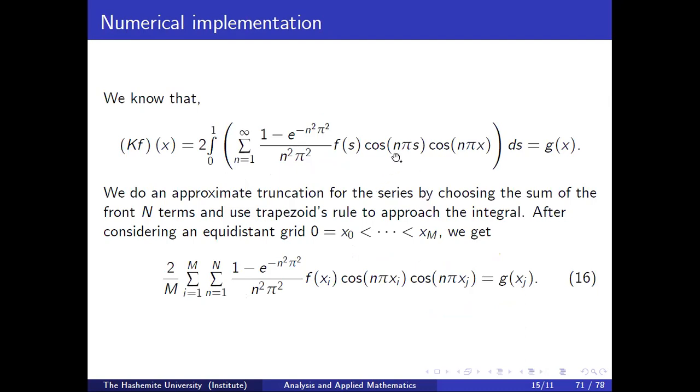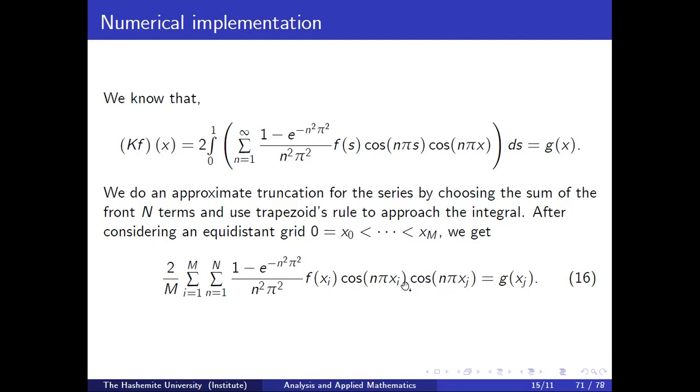So now if you look again at the problem, Kf equals G, this is Kf. And if we now use the composite trapezoidal rule to replace the integral here, you will get this collocation equation, which is very simple. We collocate at xj, and then we just replace the integral by the composite trapezoidal rule.